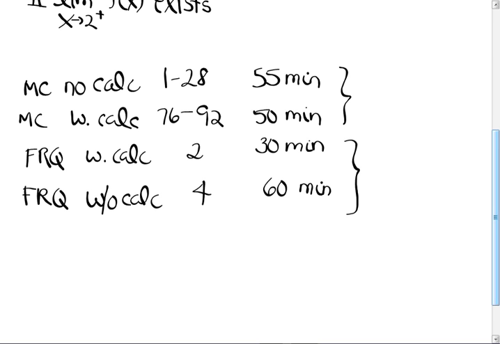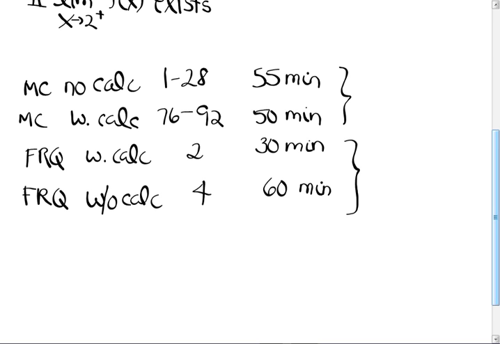Why do they do 1 through 28 or 76? So that you know for sure it's a calculator problem. These are weighted so that it's equal. 50-50.